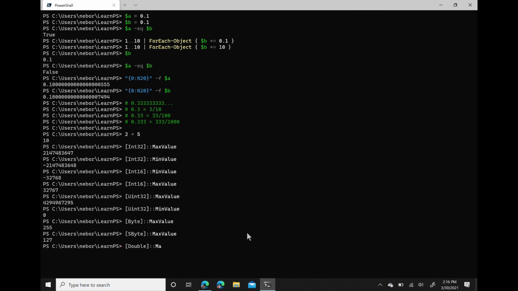So double has a max value, which is very large, 1.79 something times 10 to the 308th. And float has a max value, which is also large, but not as large, because it has fewer bits to work with. It has a much smaller exponent and also fewer significant digits.